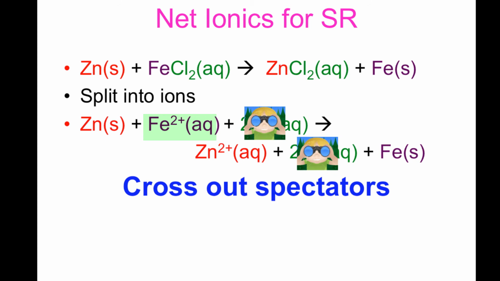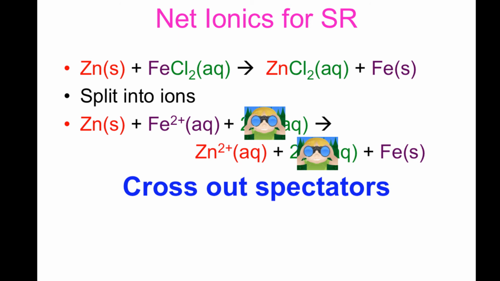That's how it took on a plus 2 charge. So it's lost 2 electrons. And over on the right-hand side, notice it's no longer got a charge. That's because it's gained 2 electrons. So what happened overall? Well, zinc lost 2 electrons and iron gained 2 electrons. And that's really what's going on.